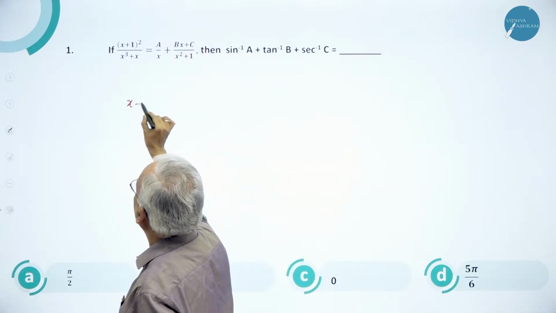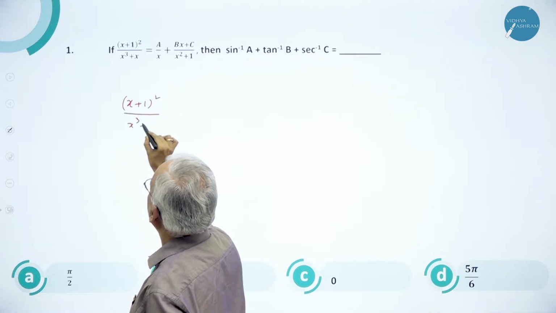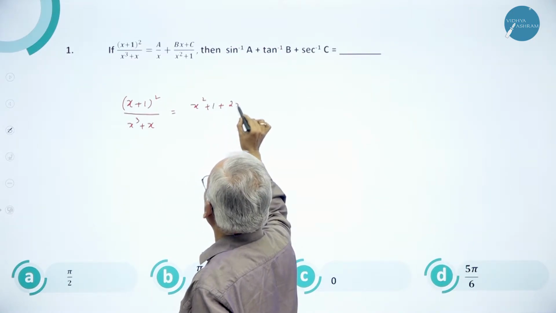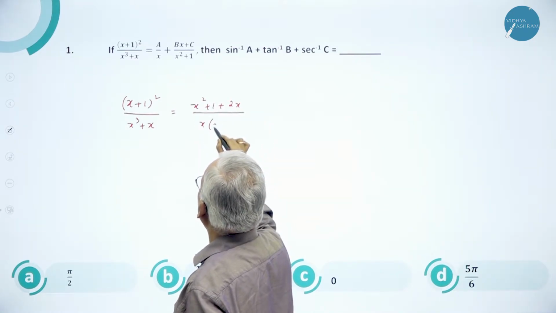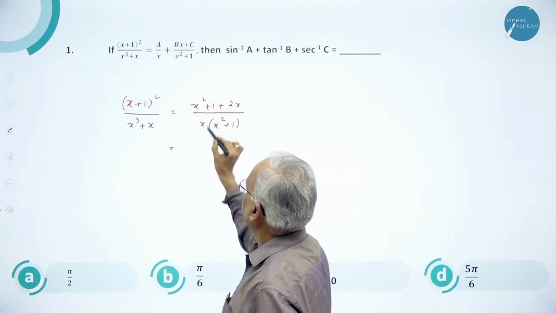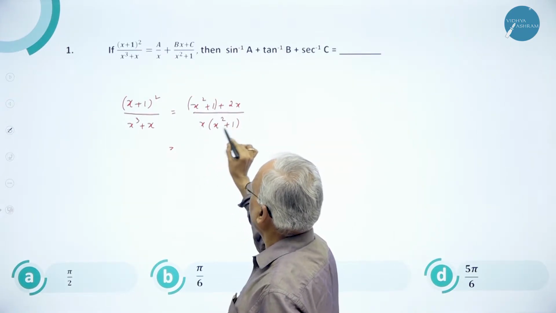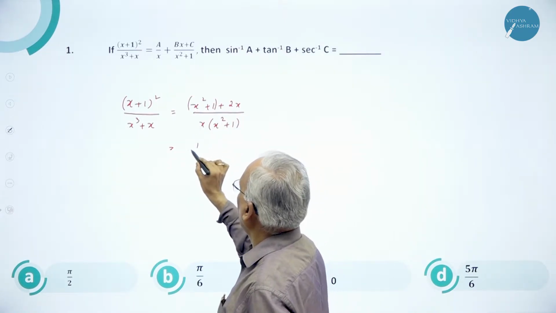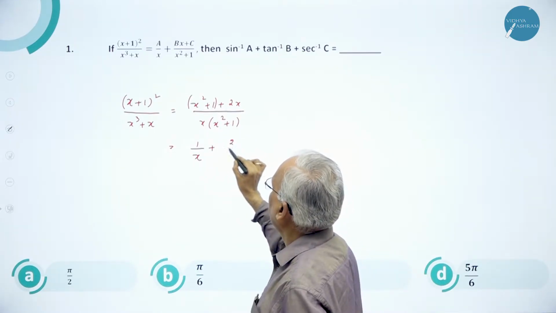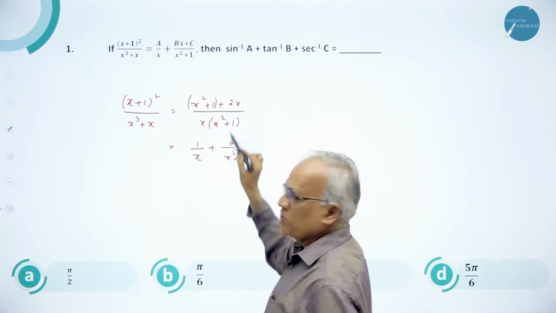I write x plus 1 whole squared divided by x cube plus x equal to x squared plus 1 plus 2x divided by x into x squared plus 1. We can distribute this to both the terms. X squared plus 1 taken as one unit, this you can cancel and write 1 over x plus 2x divided by x into x squared plus 1 is 2 divided by x squared plus 1, distributing this to both these terms.